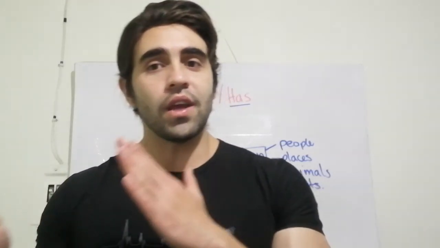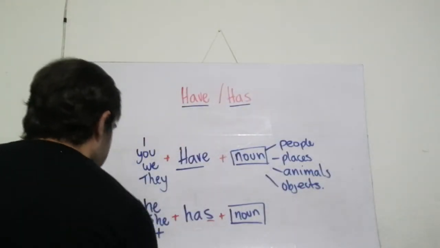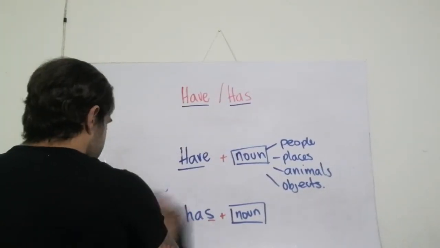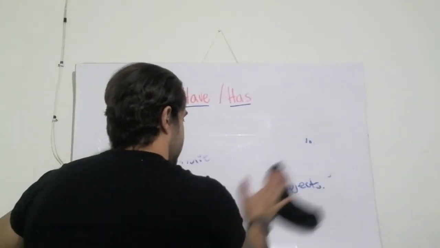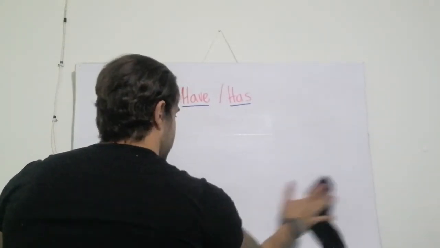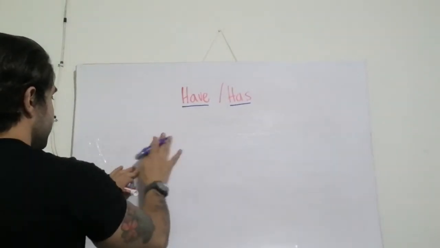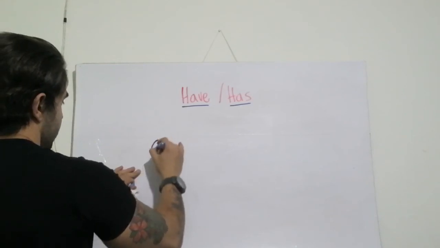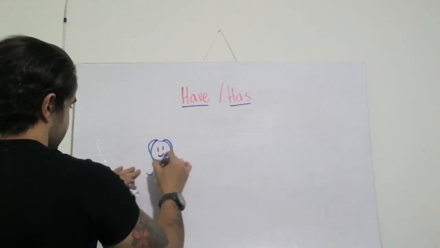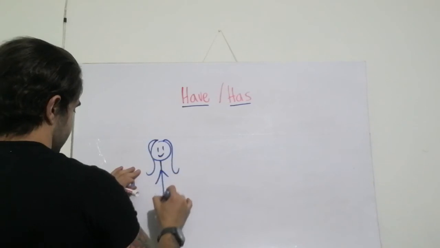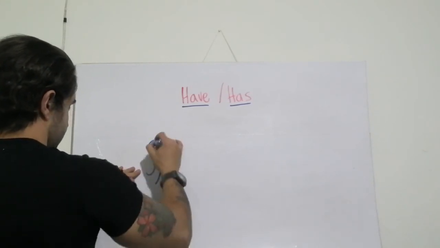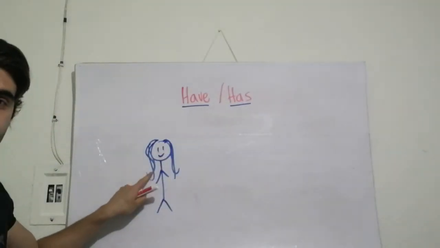Now we're going to see other examples that are important, that are necessary at the moment of using the verb have and has. Yes, let me give you those examples. So here I have, so it's she, right?